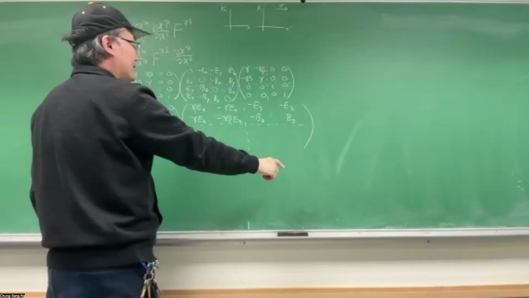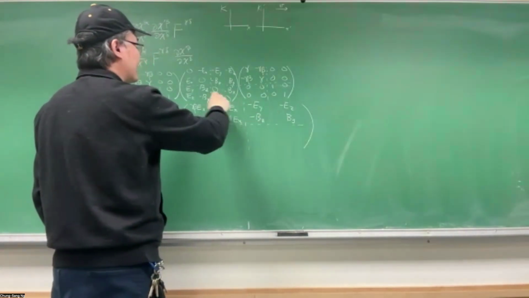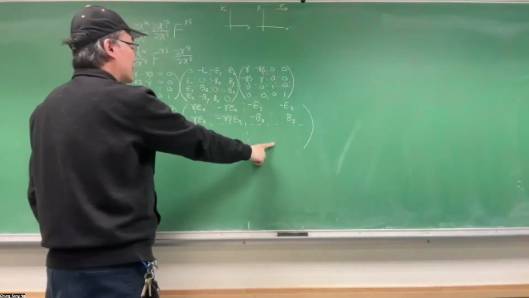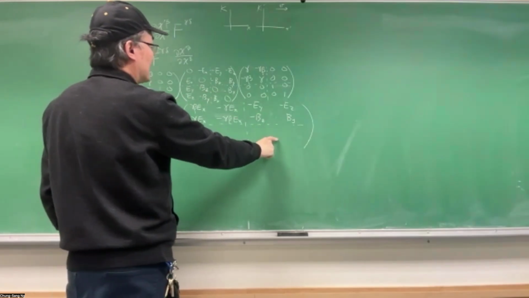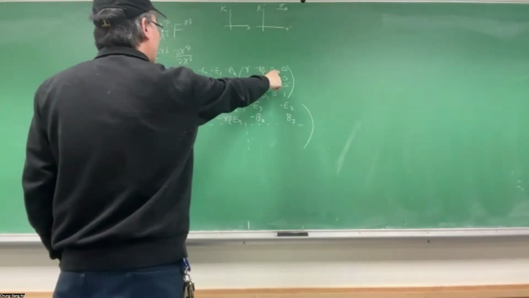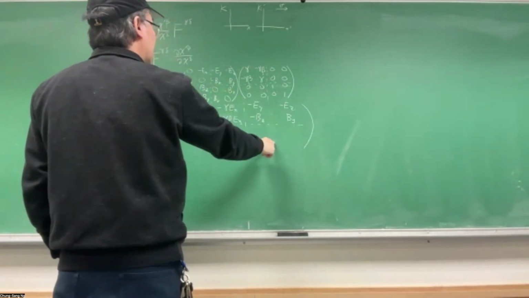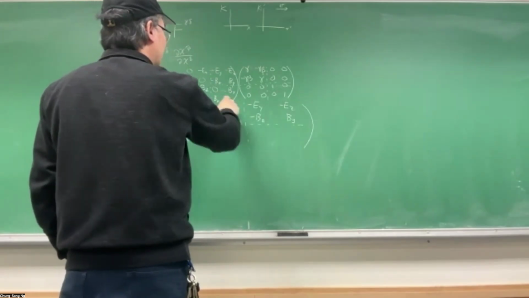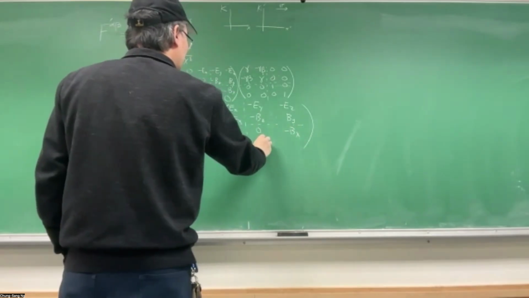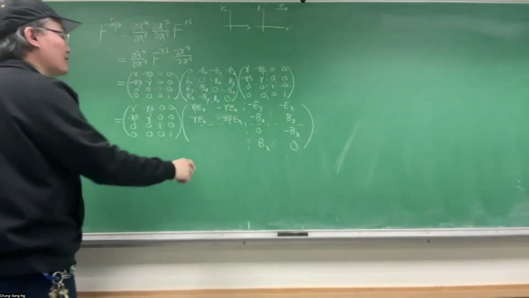Some of the steps are easy, so you don't need to worry too much. Just follow the rule and do all the multiplications. This element is this times that, which is zero, and this times that, right? This is just a copy from this one. Okay, the three of them are easy.